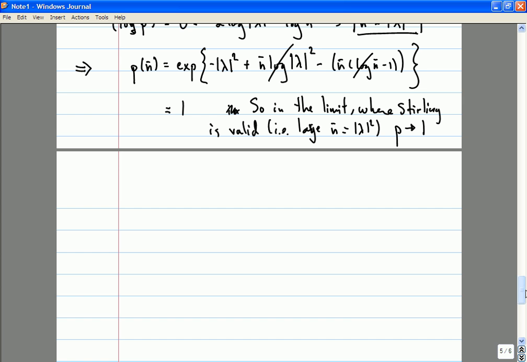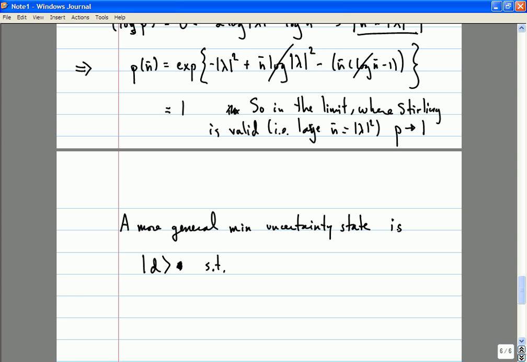So what we've seen here is that one can obtain a minimum uncertainty state by simply writing down a shifted ground state of the harmonic oscillator. And this will be a minimum uncertainty state independent of the frequency of the harmonic oscillator.